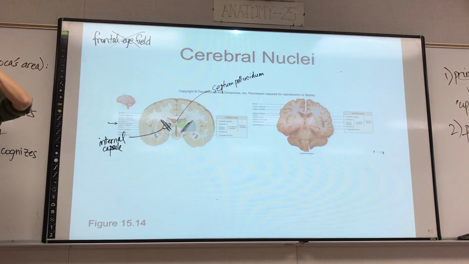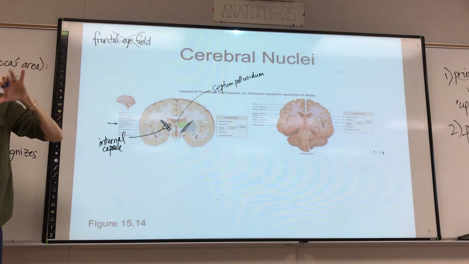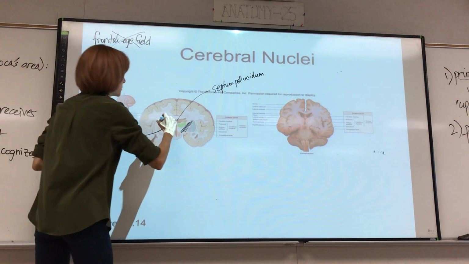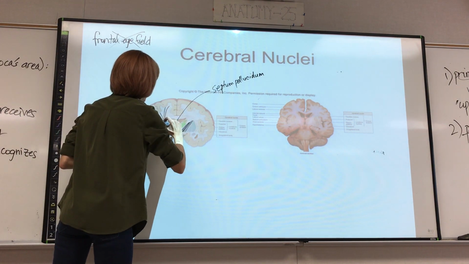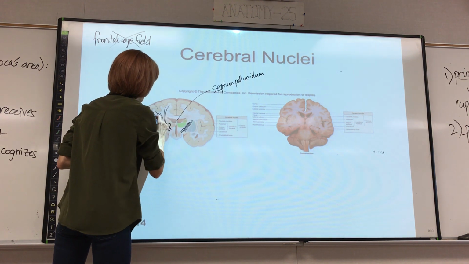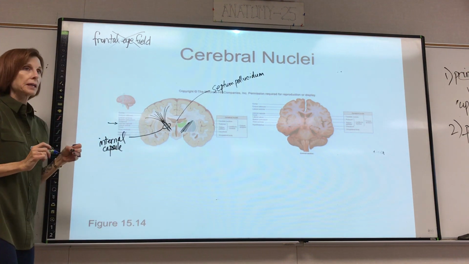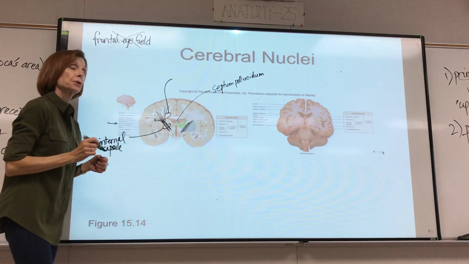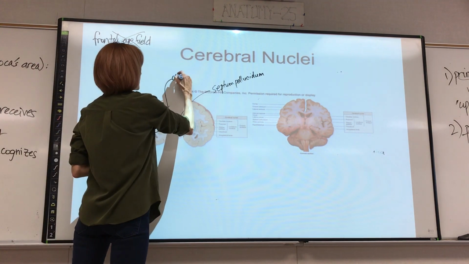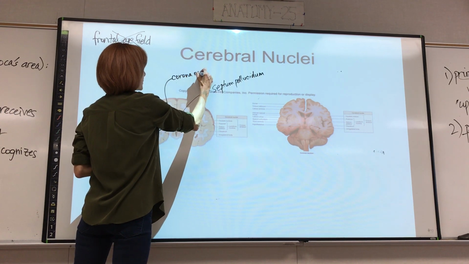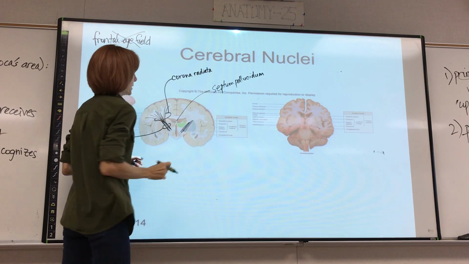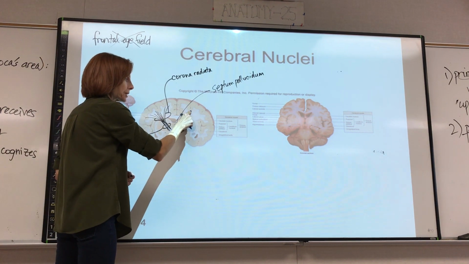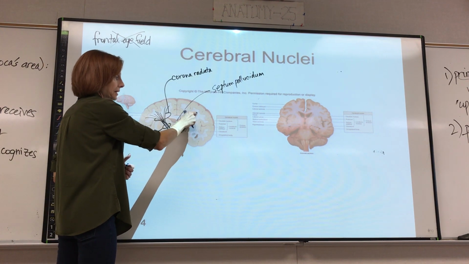Now, as they go up to the cortex, you can imagine these are going to go to different parts of the cortex. They have to kind of radiate out. So they would look kind of like this, going up toward the cortex. This is not labeled in your book, but up here, the axons are called the corona radiata, which means radiating crown. Okay, so I would like you to know that. And you can't really see them here, but you just have to know it's in this area, right?